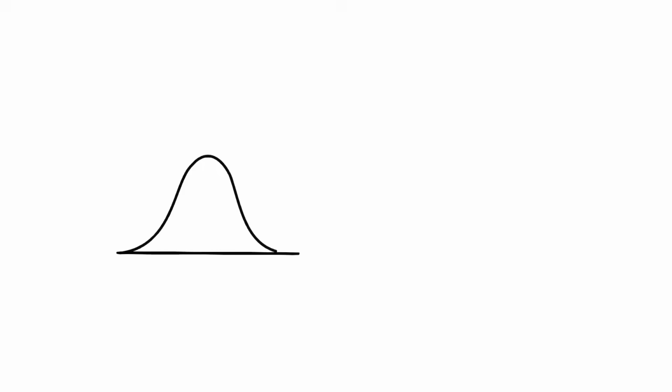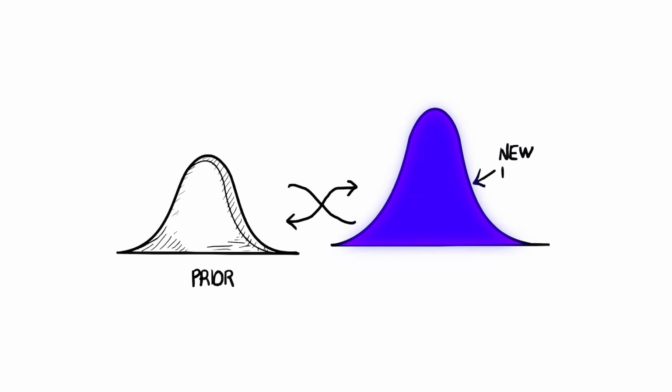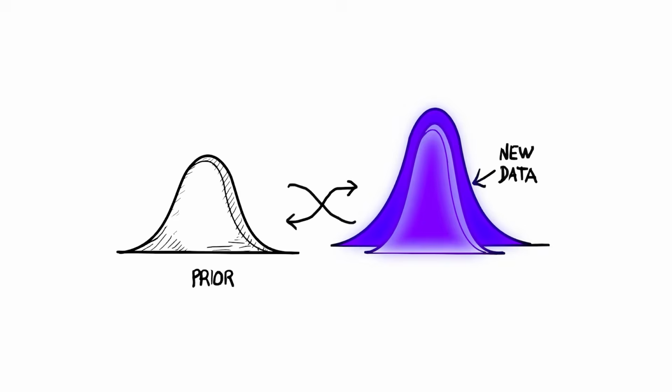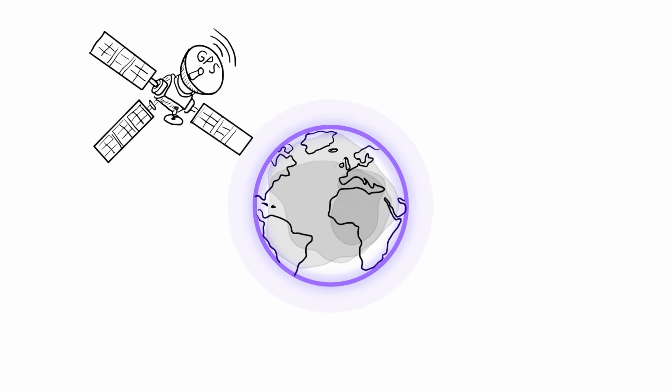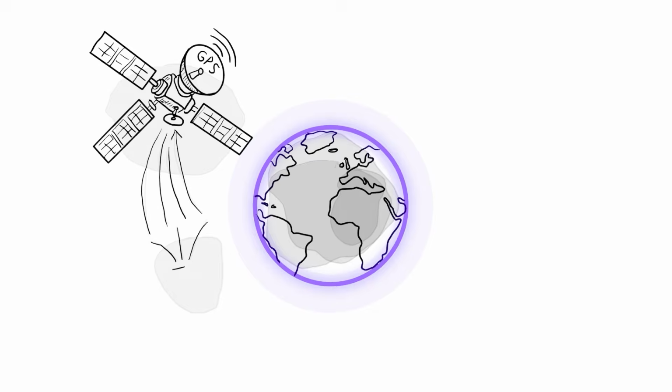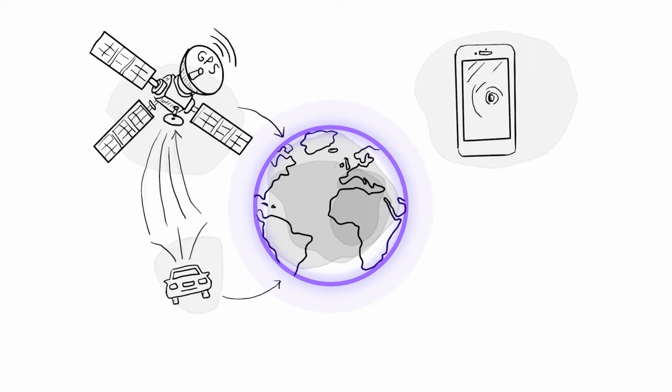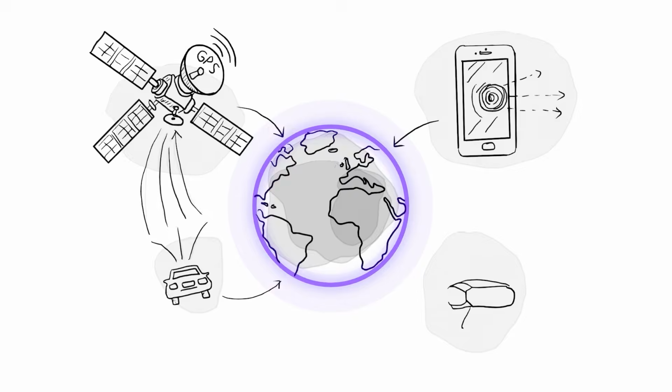So the Kalman filter is basically a real-time form of Bayesian thinking, where we constantly update our belief about what's true based on new evidence. The funny thing is, once you understand this, you start noticing the Kalman filter everywhere. In GPS systems to blend satellite data with accelerometer readings, in your phone camera stabilizing the image by predicting how your hand will move, in robots, drones, and even self-driving cars.